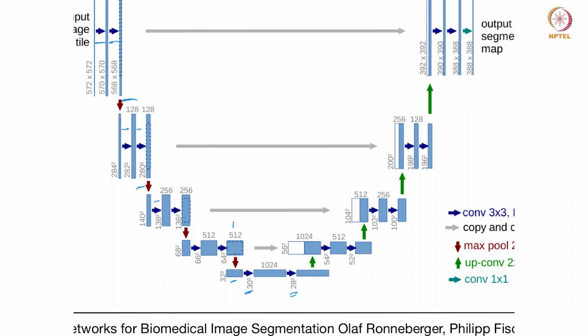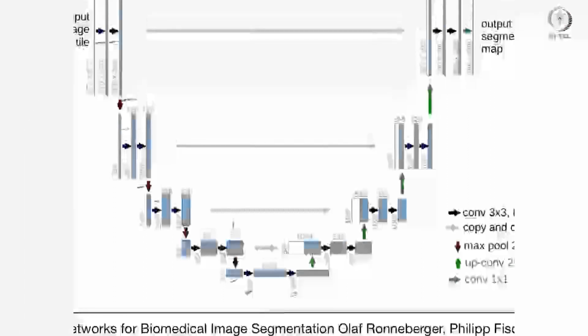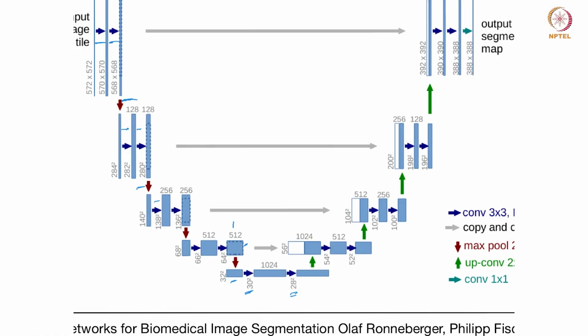So that is one pathway. The other pathway goes from 512 feature maps, 64 squared, where you just copy and crop. You have copied and cropped a 56 squared area from here and concatenated it with the feature map from this pathway, to get about 1024 feature maps. So in this way, this is the upsampling pathway.